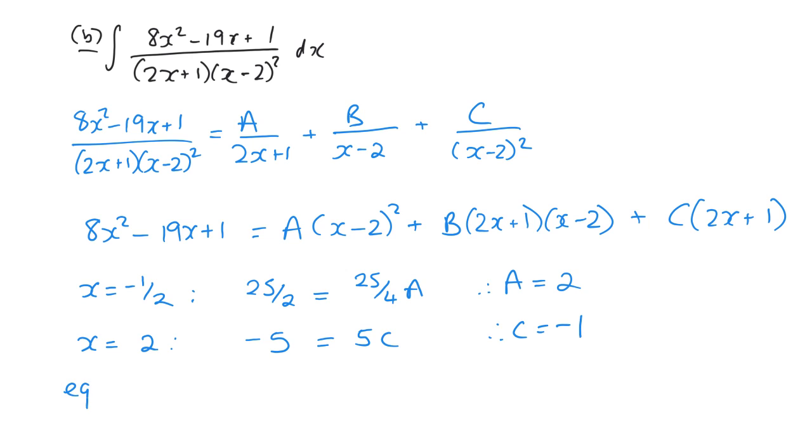And then this is where we'll have to equate. I'm going to equate the x squareds. So on the left hand side with 8, if we multiply it out, on the right hand side would have a plus 2b. We know a is 2, so put that in here and we get 6 equals 2b, so b is 3.